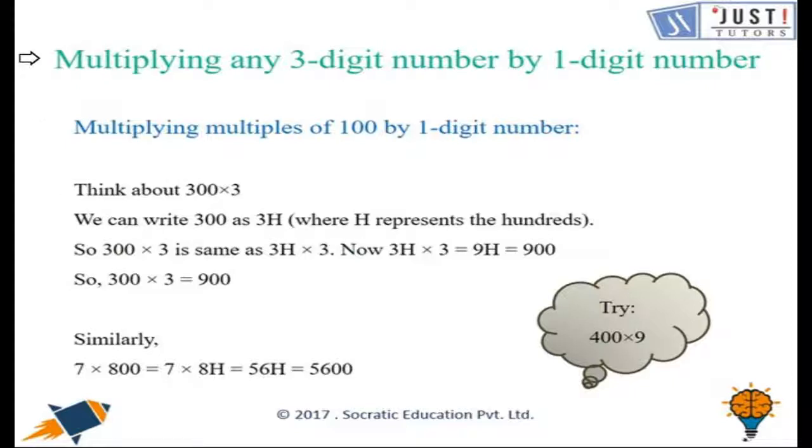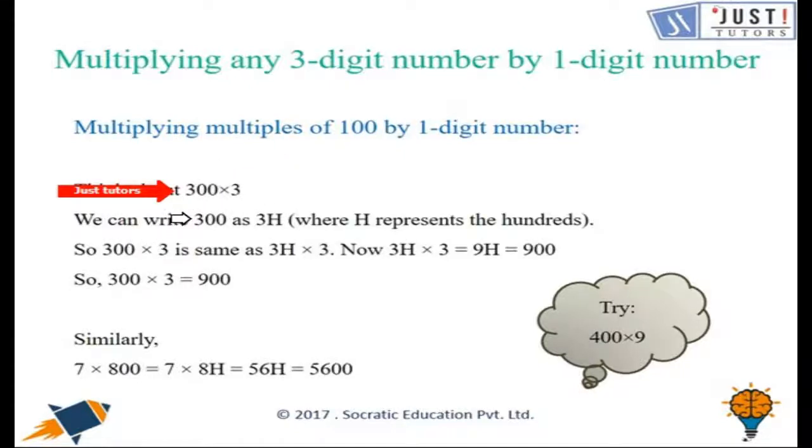Here's the first topic, that is multiplying any 3-digit number by a 1-digit number. We are going to start with multiplying any multiple of 100 by a 1-digit number. So there's this example of 300 times 3, where 300 is the multiple of 100.